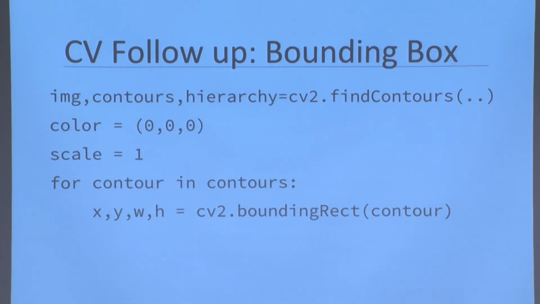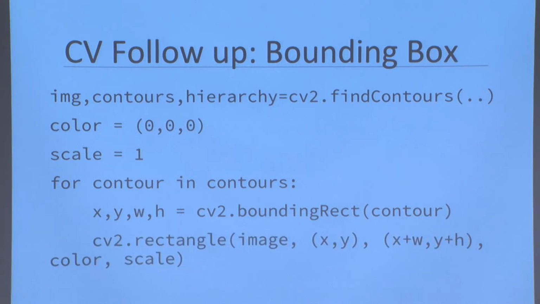This is going to return 4 variables, so it's going to return x and y for, I think, the upper left corner of the box, and then what is the width and height. So then, to draw an actual rectangle, I will use the cv2 rectangle function, where here's my image.